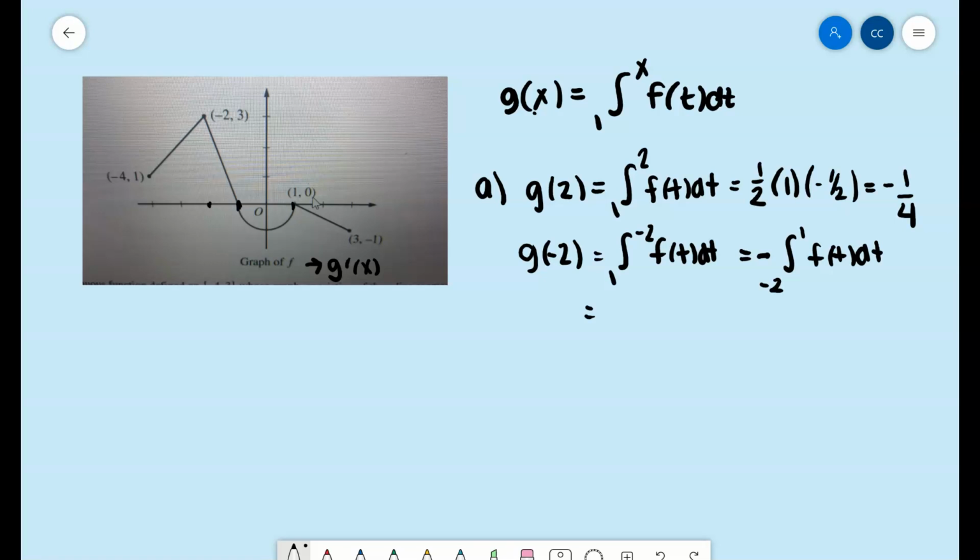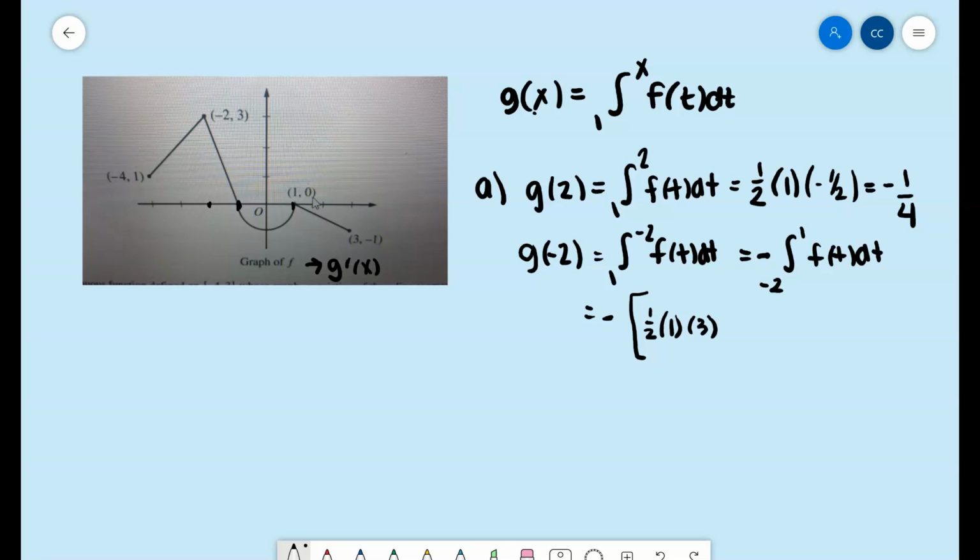So what that means is we actually have 2 different areas we're going to investigate. We're going to investigate the area of the triangle from -2 to 1. So the area of that triangle, again, there's a negative out in front of all of this, would be 1/2. The base is a width of 1. And its height is 3.